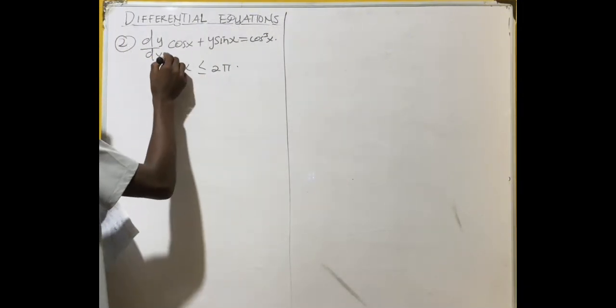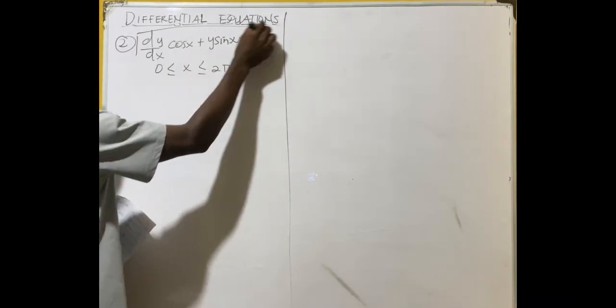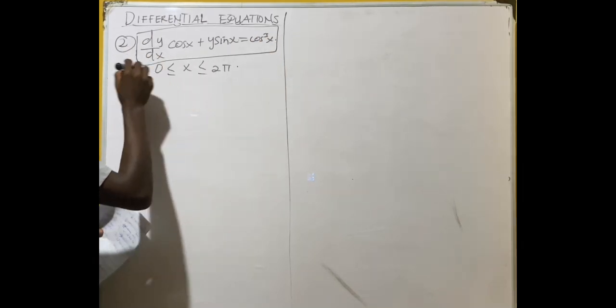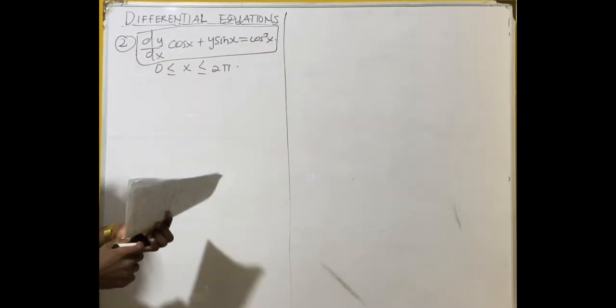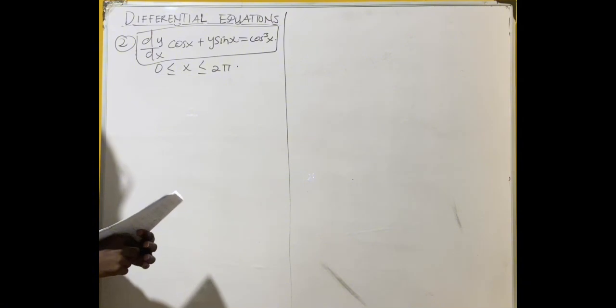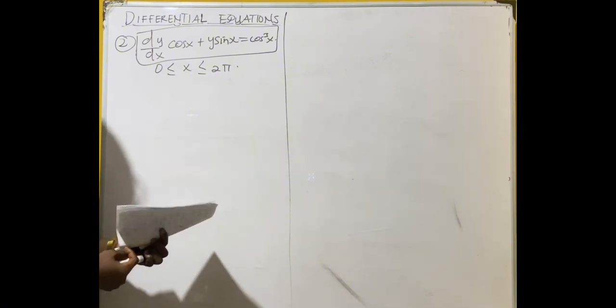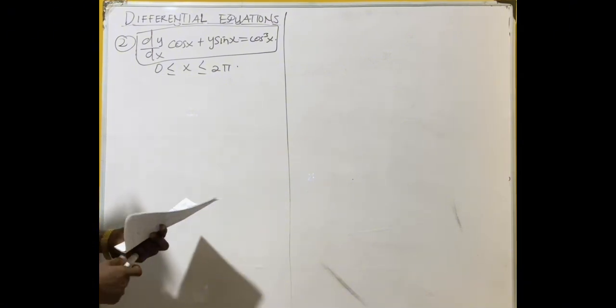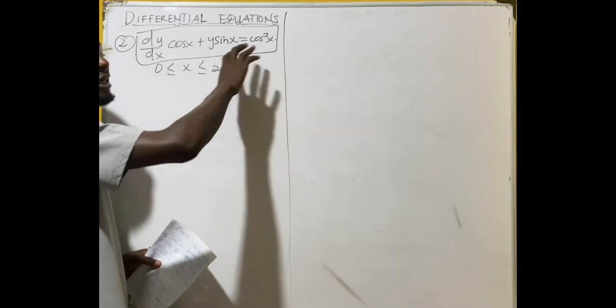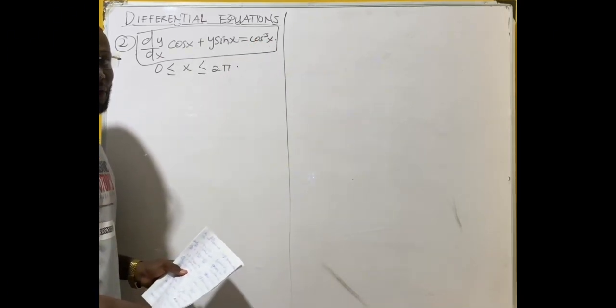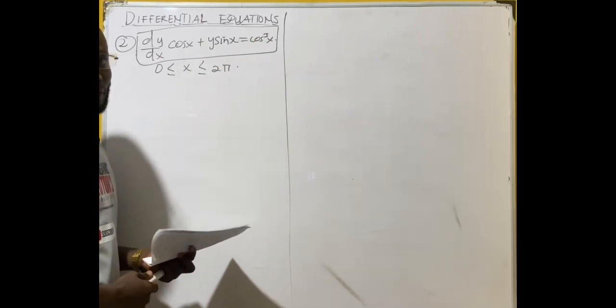So first of all, once you see a differential equation of this form, begin to think of separation of variables. So this is basically a trigonometric differential equation, right?